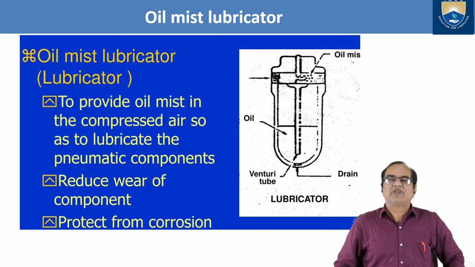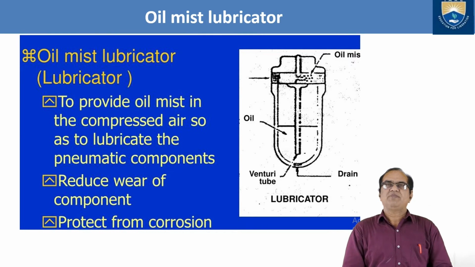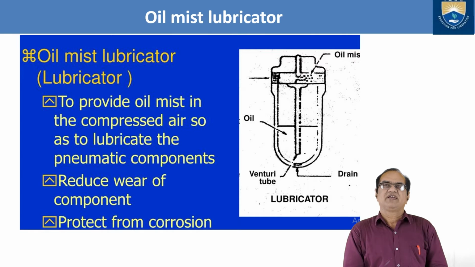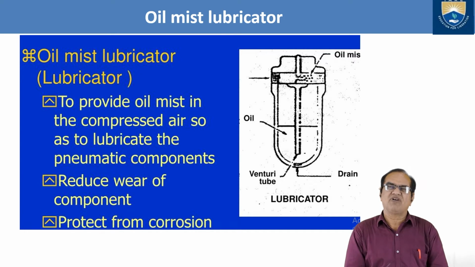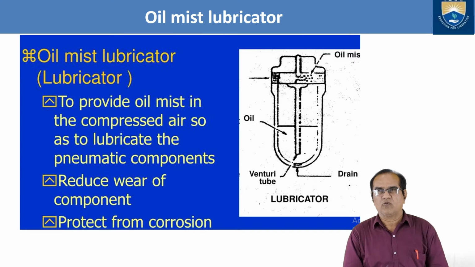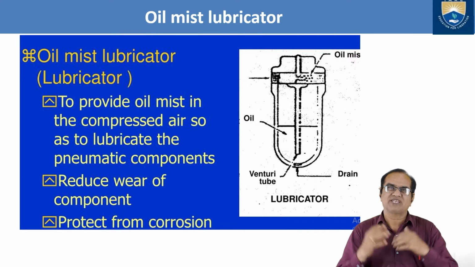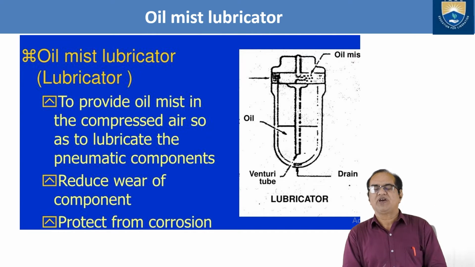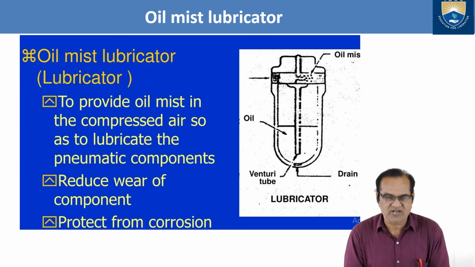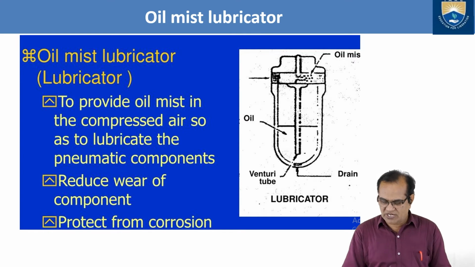Next is the oil mist lubricator. The oil mist lubricator provides oil mist in the compressed air so as to lubricate the pneumatic components. So there should be some misting of oil so that when the air is going, the parts are lubricated. It reduces wear of the components and protects from corrosion.